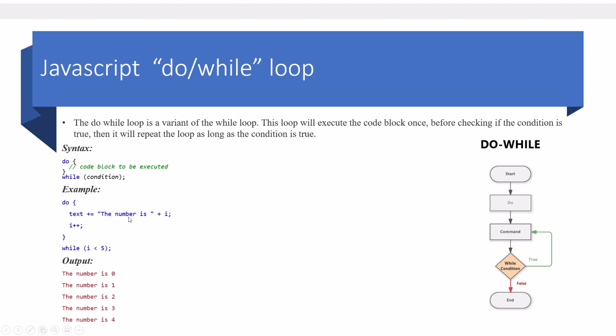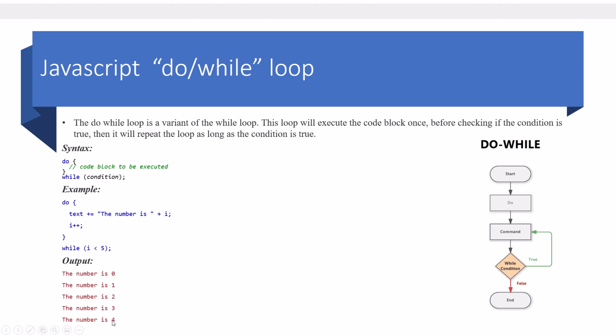So here we are checking the number is I, where I plus plus. I have initialized I as 0 first, and then I'm going through this code. So first it will print the number is 0, then now the number is 1, and while I is less than 5, I will go and iterate this do block.